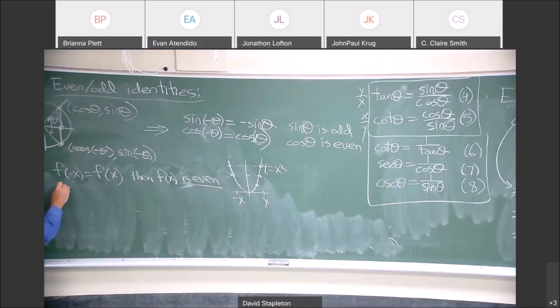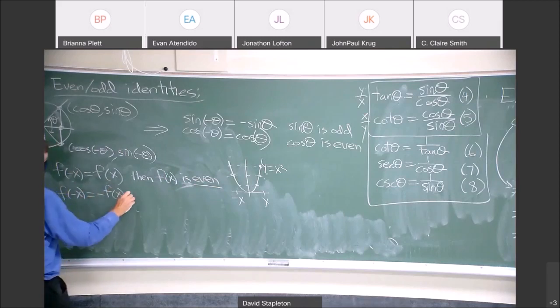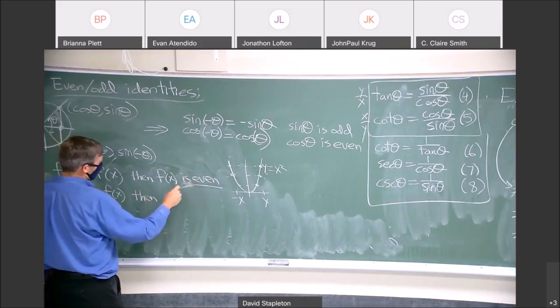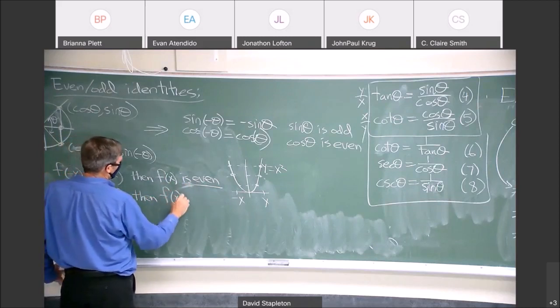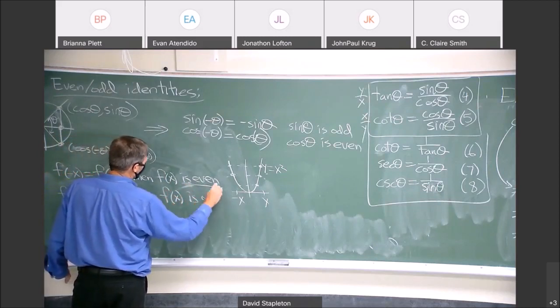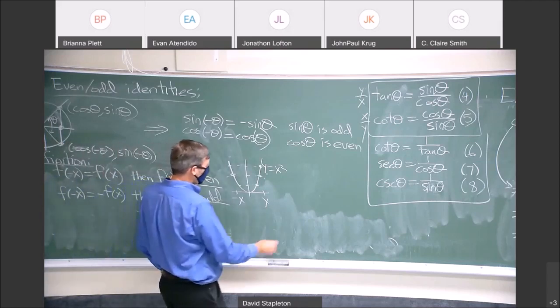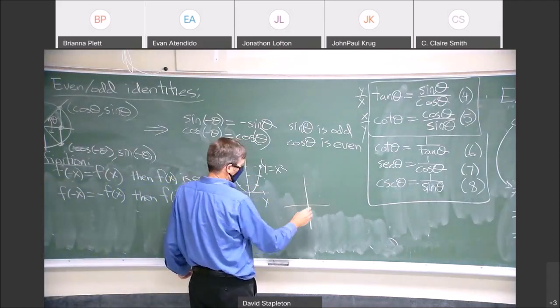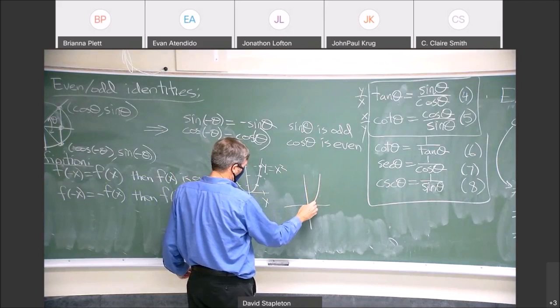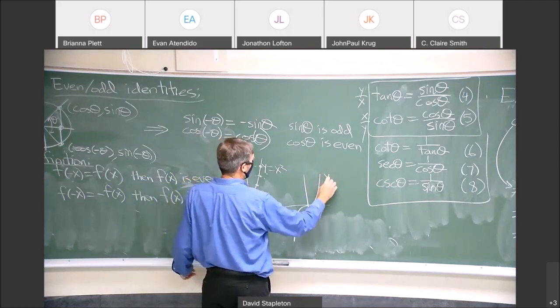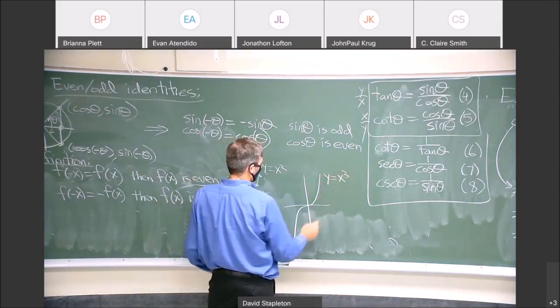Now odd is this: f of minus x equals minus f of x. If the minus comes out, then f of x is said to be odd. So these are definitions. And this one has a whole different graphical property. You'll see if you take any odd power of x, like y equals x cubed, it is an odd function.